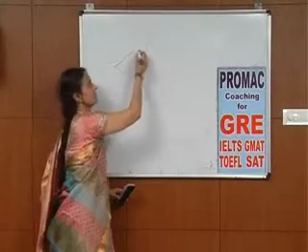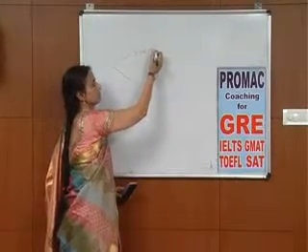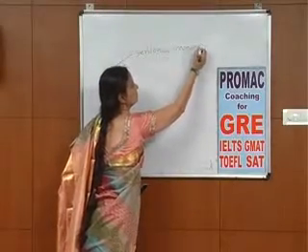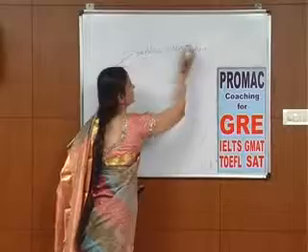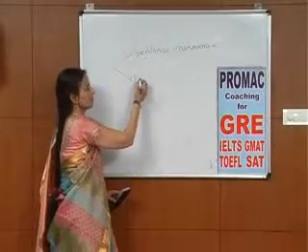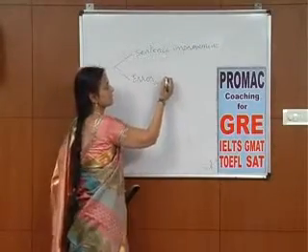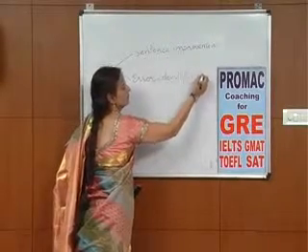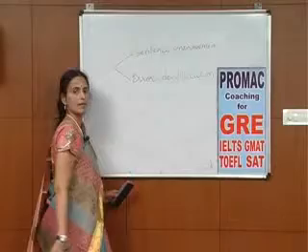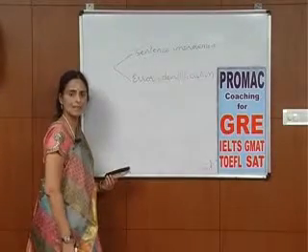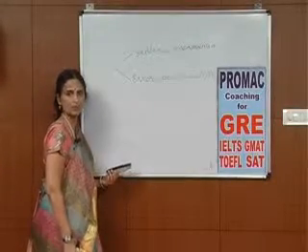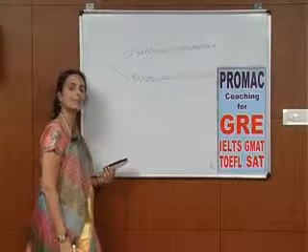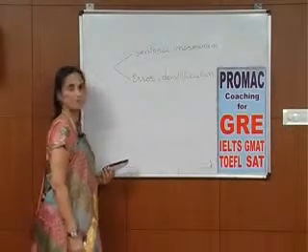One is sentence improvement, and the other is error identification. The testing points are the same for both types of questions, but the manner in which it is tested is different.